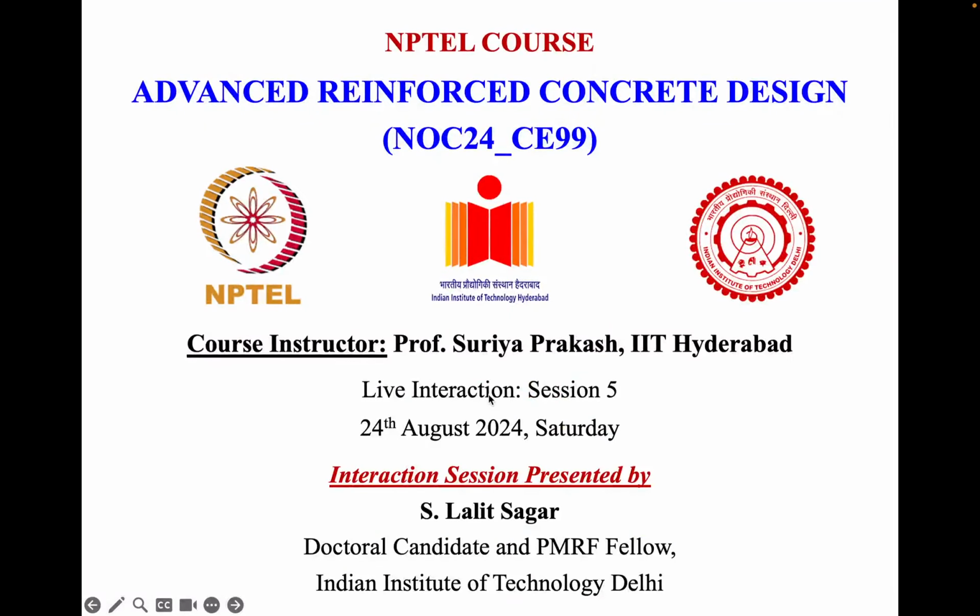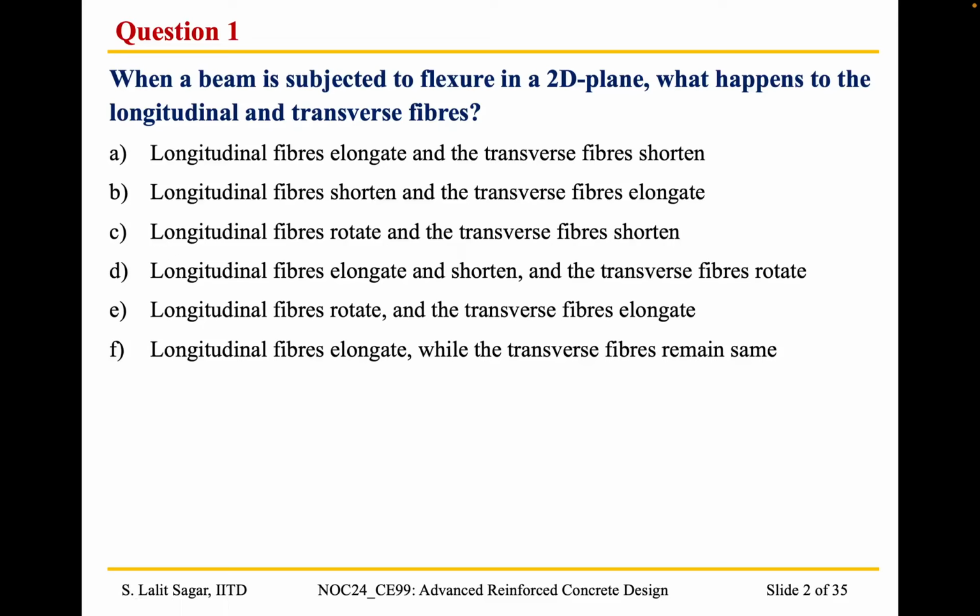So we have the first question. When a beam is subjected to flexure in a 2D plane, what happens to the longitudinal and transverse fibers? It is a simple problem on beam bending.